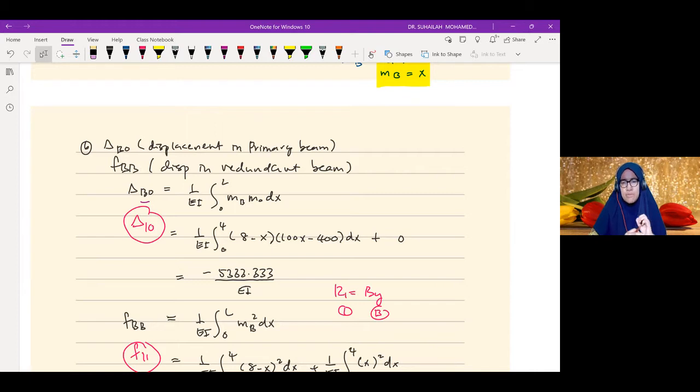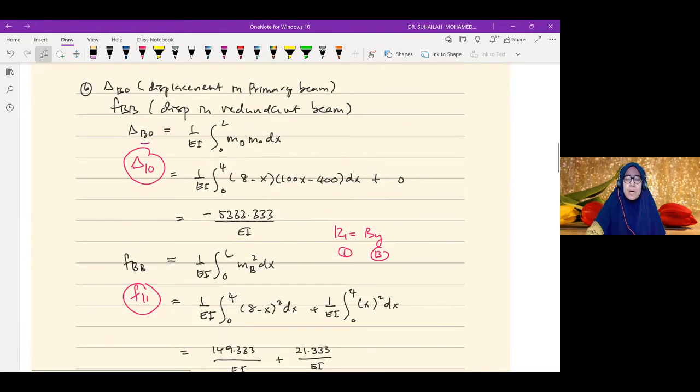The position of the redundant is located at B. So we have to determine the deflection at position B for the primary beam, and also the deflection at position B for the redundant beam due to a unit value of redundant. So we get delta B naught and FBB. We can also use the labels delta 11 and F11. Either one can be used, but please do it consistently.